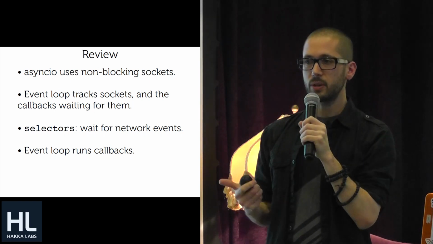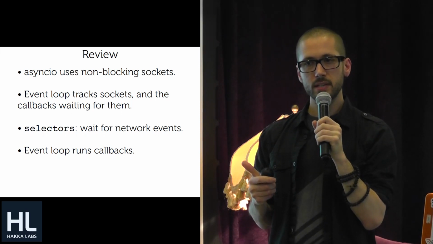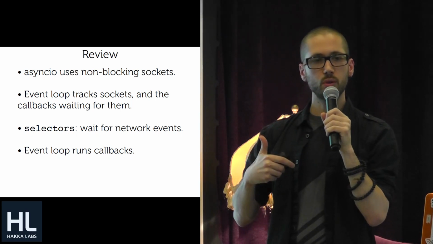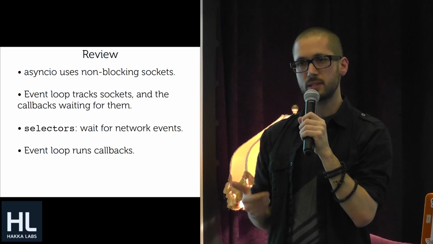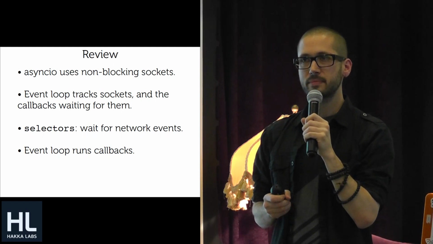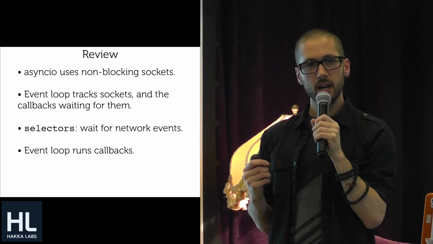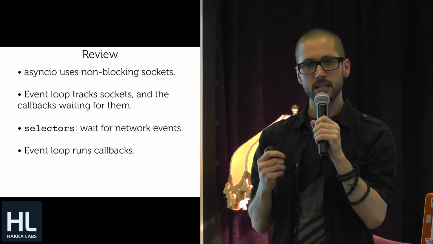So to review, Async IO uses non-blocking sockets, which is a means of telling the operating system not to block me if I'm waiting for some piece of I/O that's not ready. There's an event loop which tracks the association of sockets to event handlers that are waiting for events on those sockets.